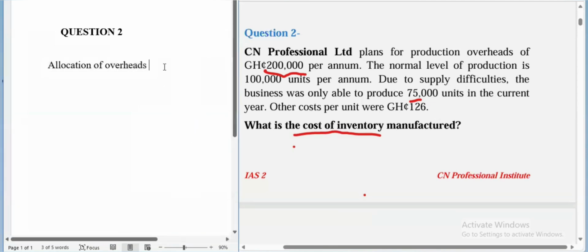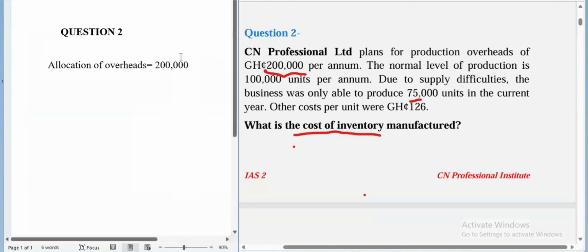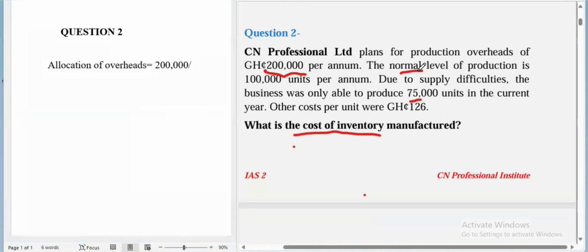So the question is, what's their normal level of production? We pick this 200,000 here, and then we divide by the number of units produced. When it comes to the units, we have the normal level, which is the 100,000, and then we have the actual, which is 75,000.